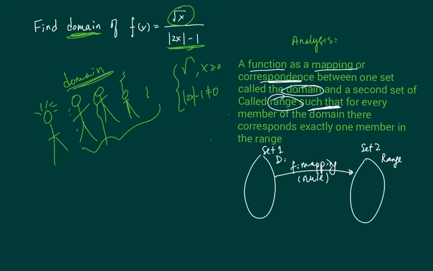So this whole fancy term of domain is really about who I can invite to my party without getting myself in trouble. The first requirement is x has to be bigger than or equal to 0. The second requirement is that whatever x I invite, I cannot have the denominator equal to 0. Given this analysis, let's actually solve this one.